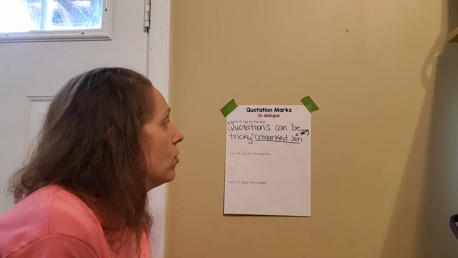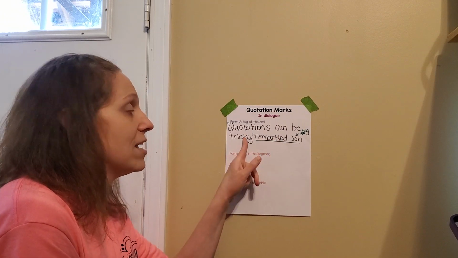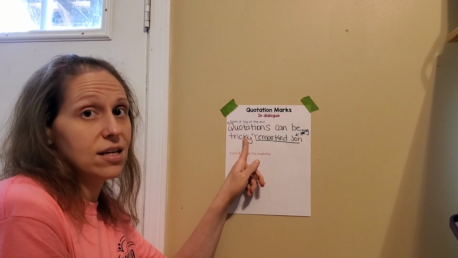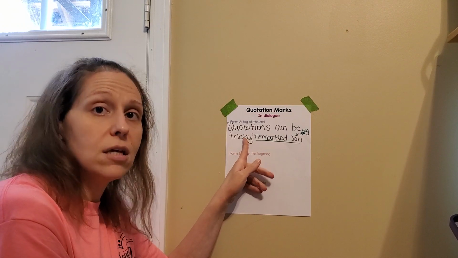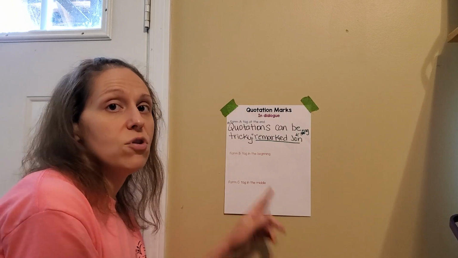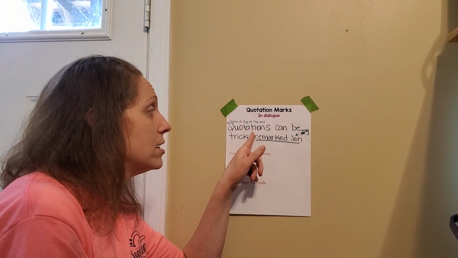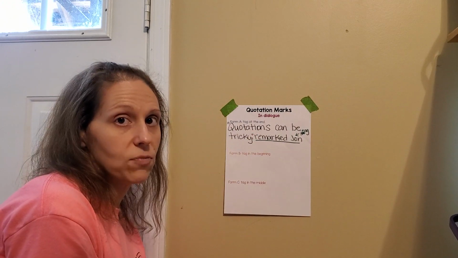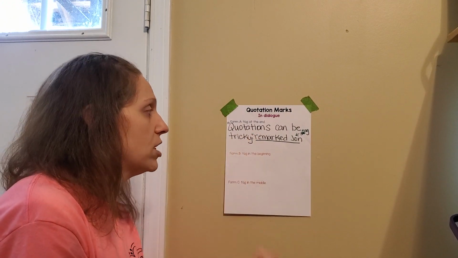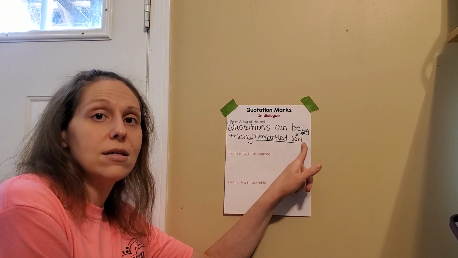When our tag is at the end, tricky is not the last word in the sentence, so I do not put my ending punctuation here. I'm going to put a comma, and my comma comes before the ending quotation marks. It's comma, quotation marks. Then, remarked John. That is the end of my sentence.